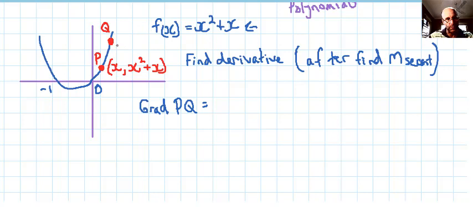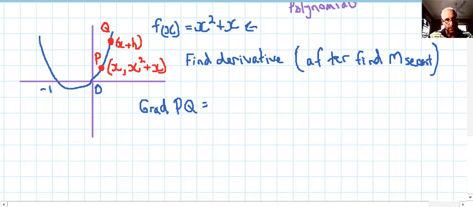Using the same h we've been using, we have x plus h and we have x plus h all squared plus x plus h.